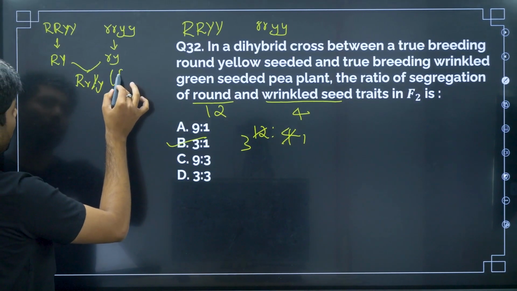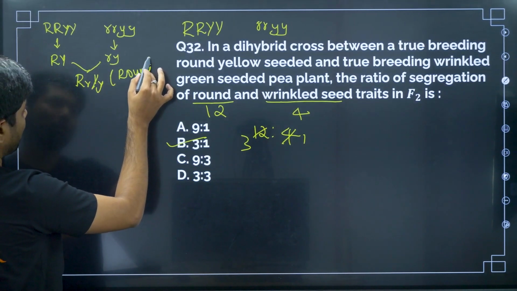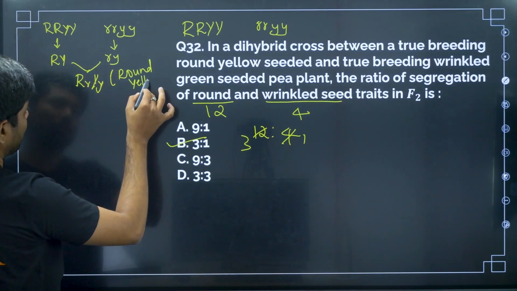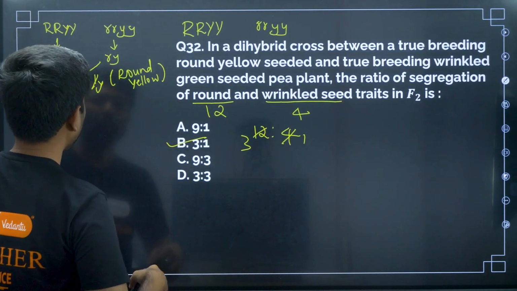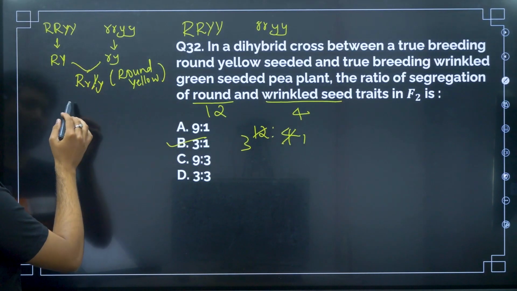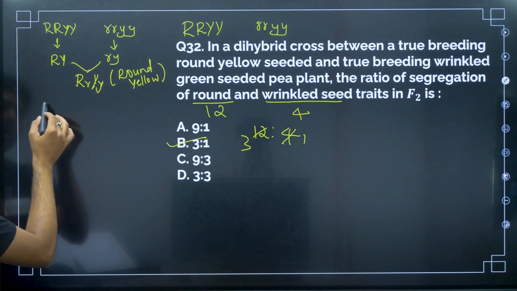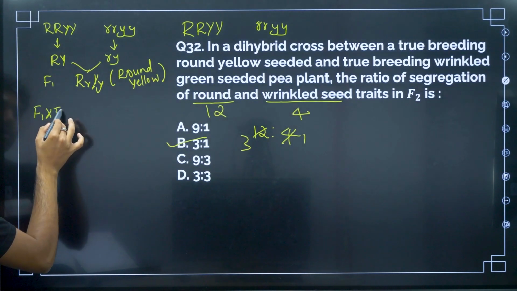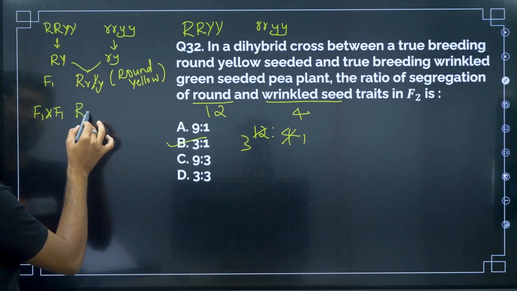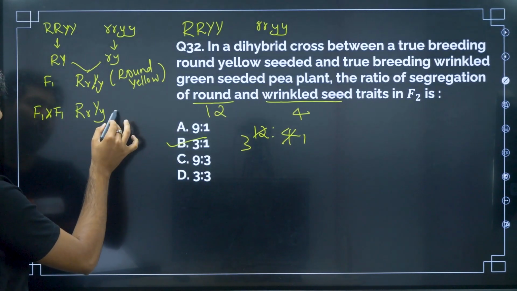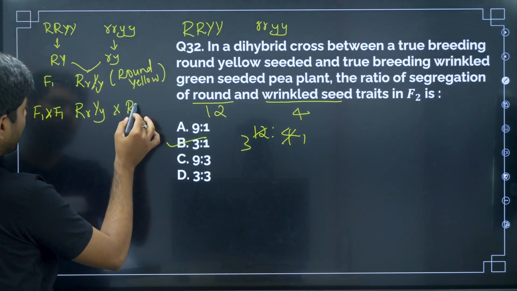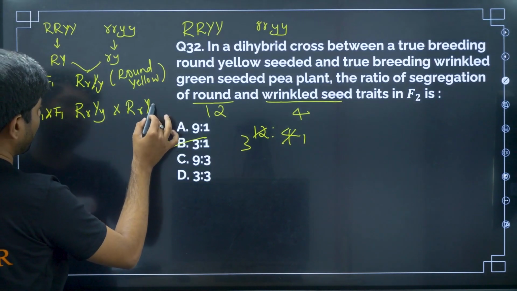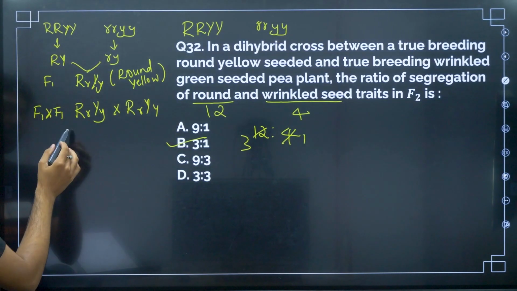Now this is round yellow. This is F1. Now you take F1 crossed with F1, RrYy crossed with RrYy. What are the types of gametes they produce?